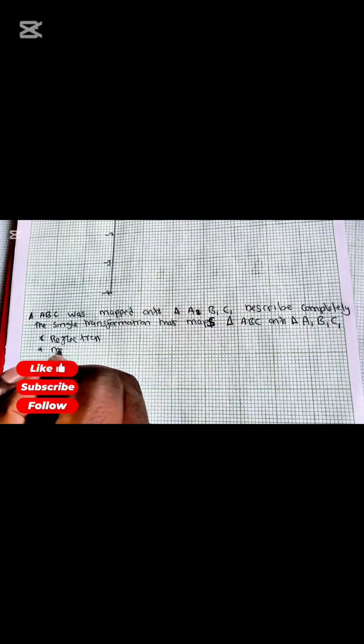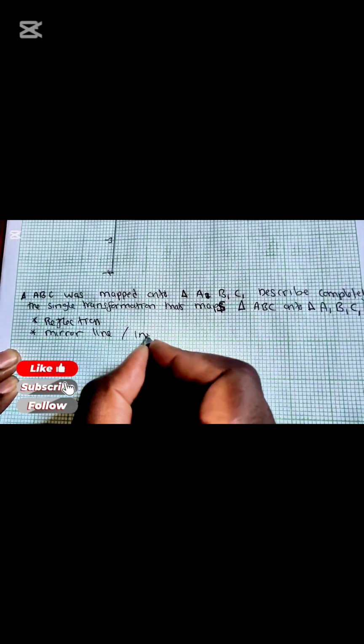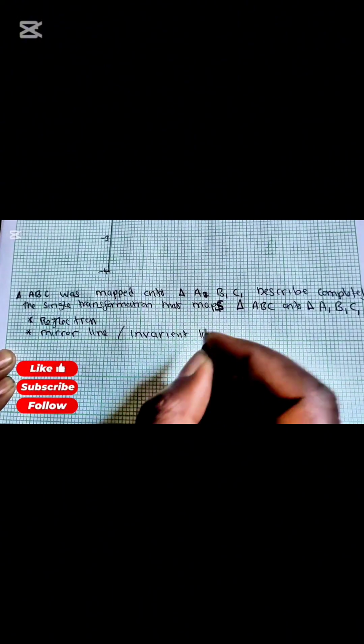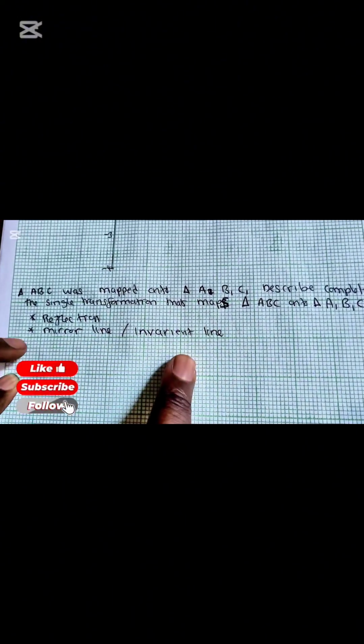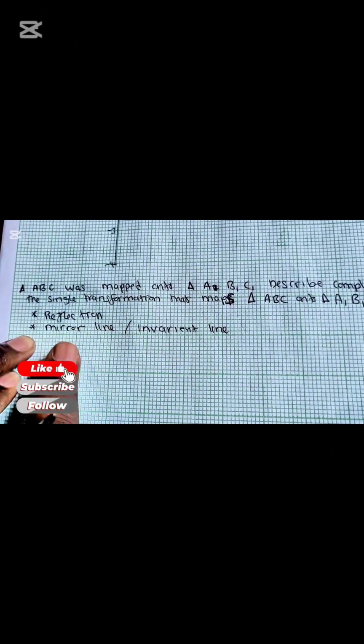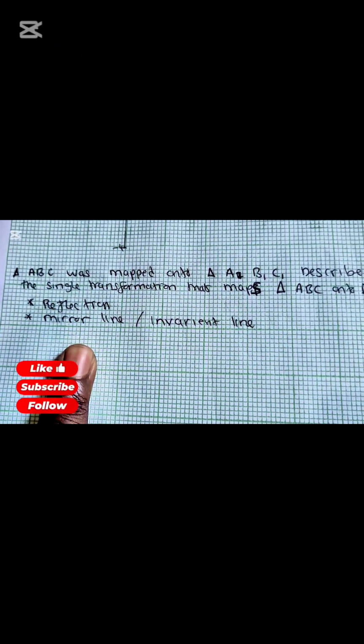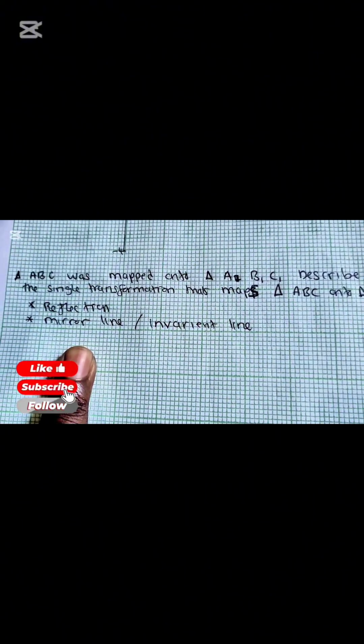Another thing is to find the mirror line, or the invariant line. Remember I mentioned earlier that if you join corresponding points, you get parallel lines which are not equal in length, and image and pre-image share the same distance from the invariant line.